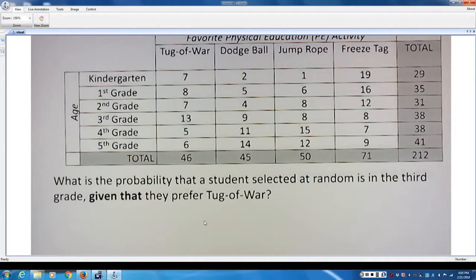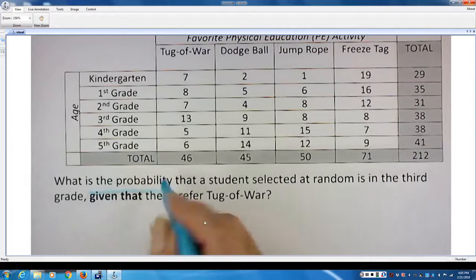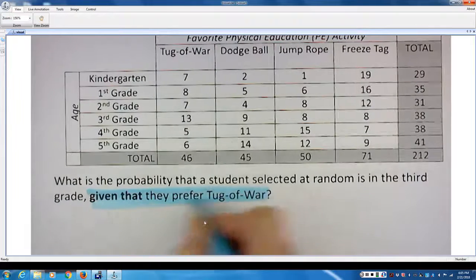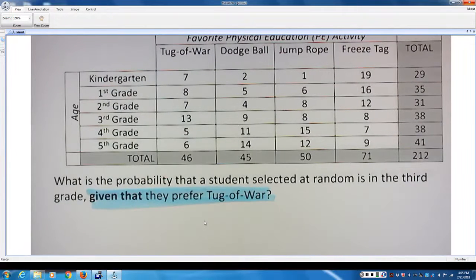Okay, this sounds like the same question, but it's not quite. What's the probability a student is in the 3rd grade, given that they prefer tug of war? Where's the only kids that I'm interested in?